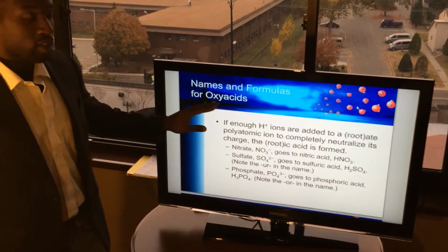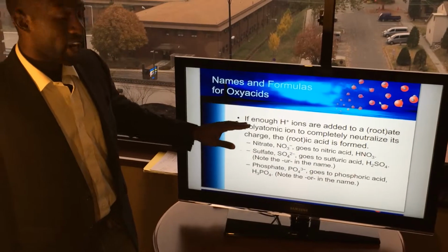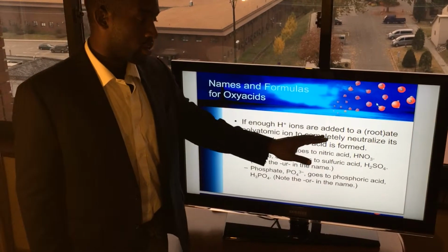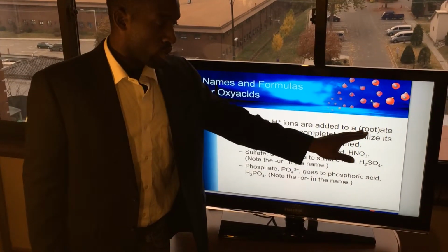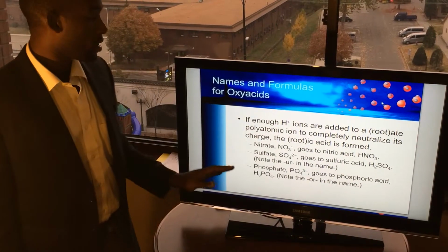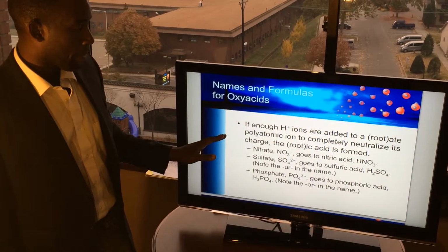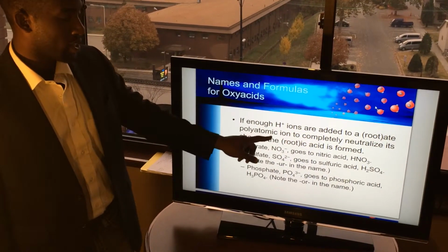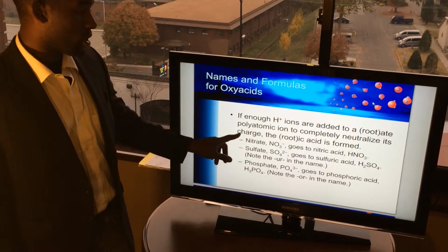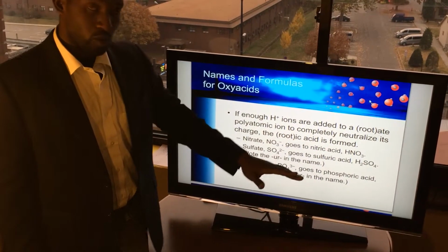Names and formulas of oxyacids. If enough hydrogen ions are added to a root-ate, like sulfate or phosphate or nitrate, to completely neutralize the charge, the -ic acid is formed.